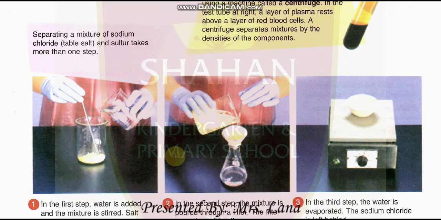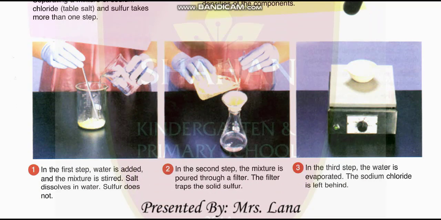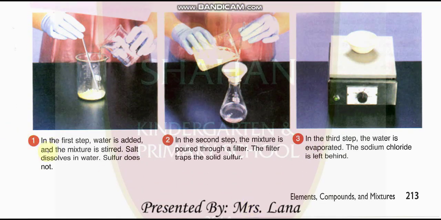And this one shows that separating a mixture of sodium chloride, table salt, and sulfur takes more than one step. We have 1, 2, 3. Number 1, in the first step water is added and the mixture is stirred. Salt dissolves in the water, sulfur does not. In the second step, the mixture is poured through a filter.